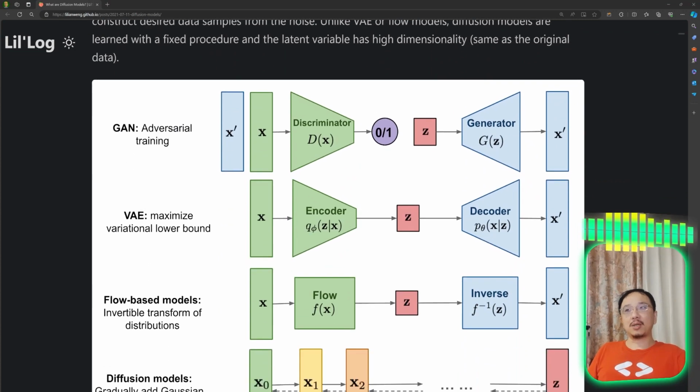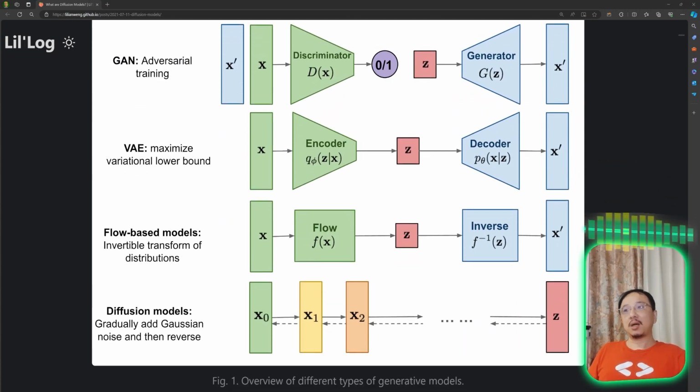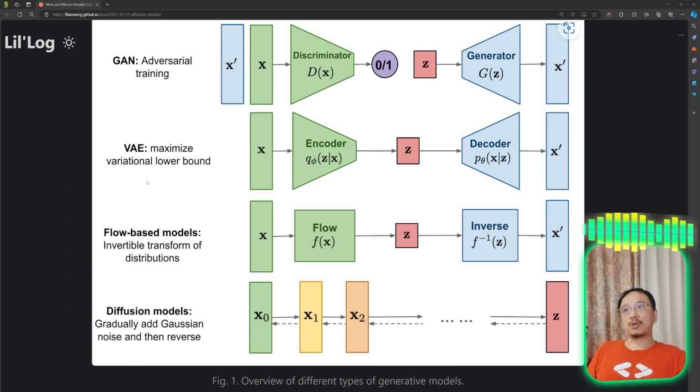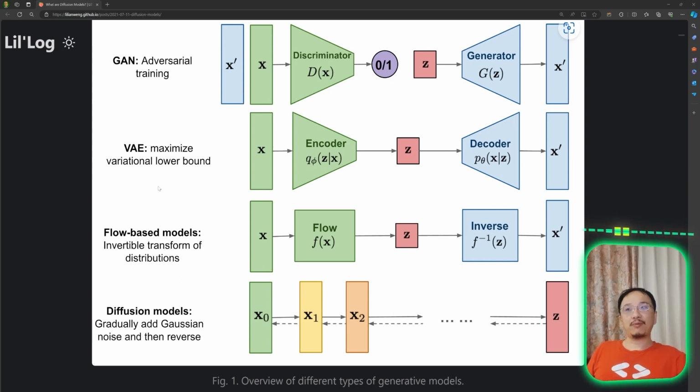Let's start by comparing the models that we have learned before. The GAN model is a little bit different from the others, but diffusion models, flow-based models, and the VAE, variational autoencoder, share some similarities. Let's recall the major difference between the variational autoencoder and the flow-based models. For the variational autoencoder, we train the encoder and train a decoder together.